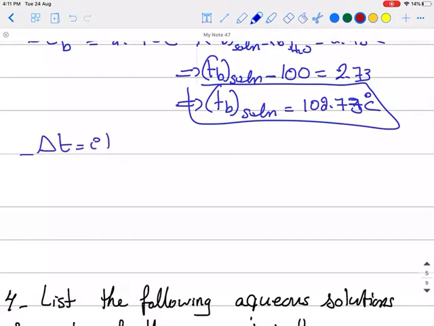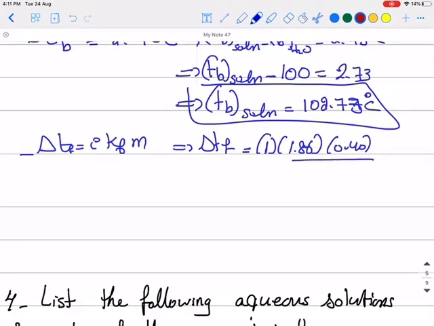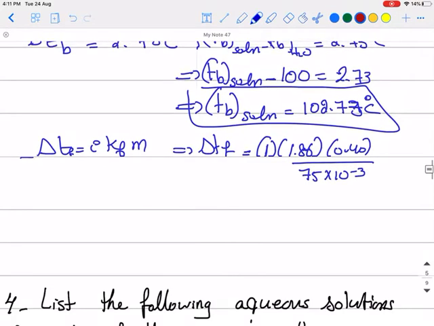Delta T equals i K_f times molality. So delta T_f equals, as we said, ethylene glycol is a molecule, so i is 1. Its K_f is 1.86. The number of moles of solute we found, 0.4, over the mass of water in kilograms, which is 75 times 10 to the negative 3. The answer for this will be 9.92.